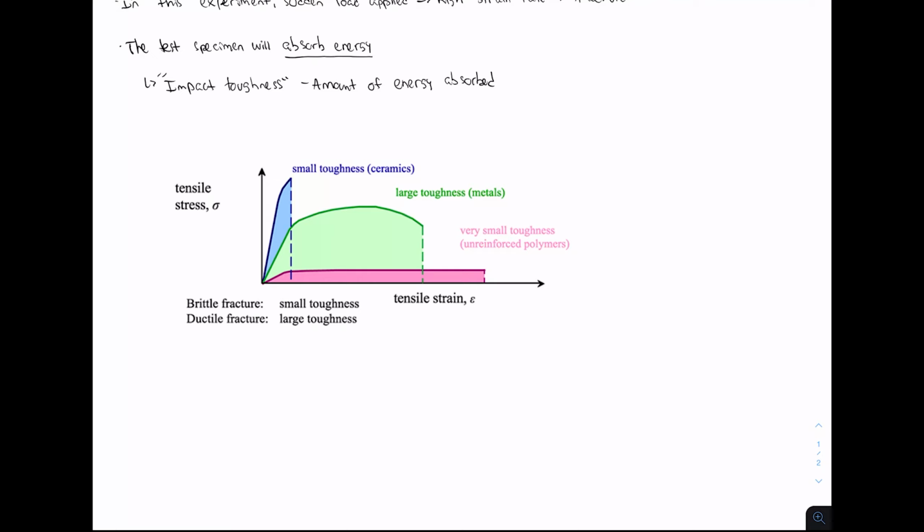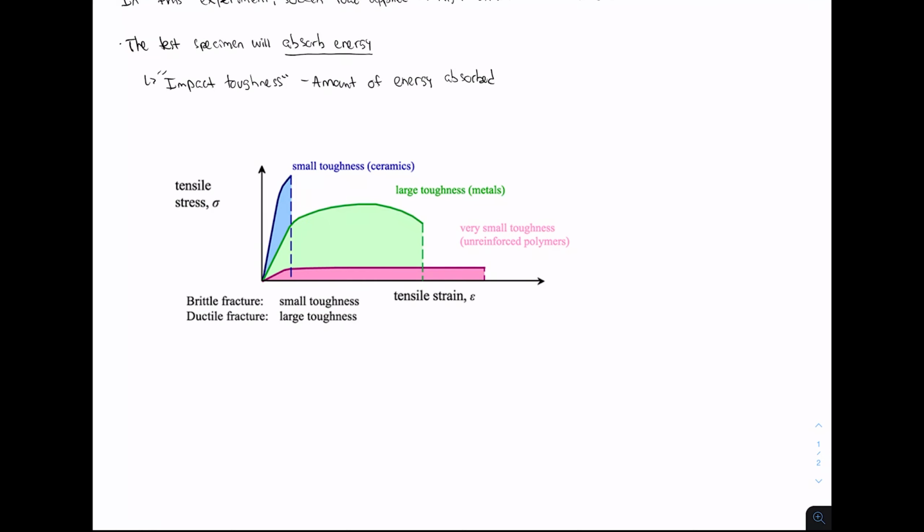So even though there's a lot of strain, because there's not a lot of stress, that area under the curve is really not that big. We can think of that, if we're thinking about metal, kind of like the aluminum specimen in our first experiment. For that, we saw that it had a lot of strain, but it wasn't able to take as much stress as the other steel specimens that we tested.